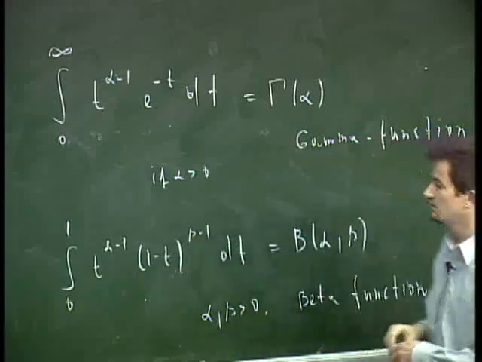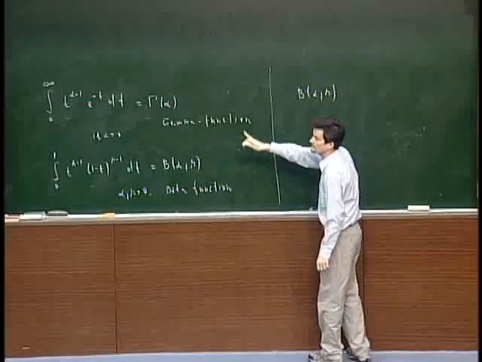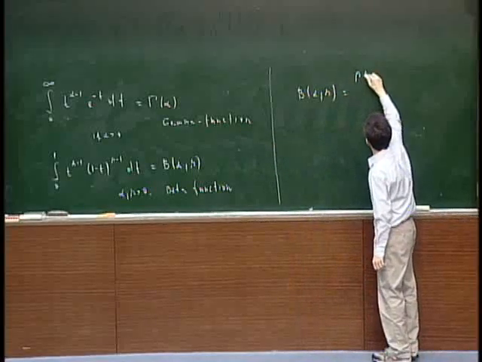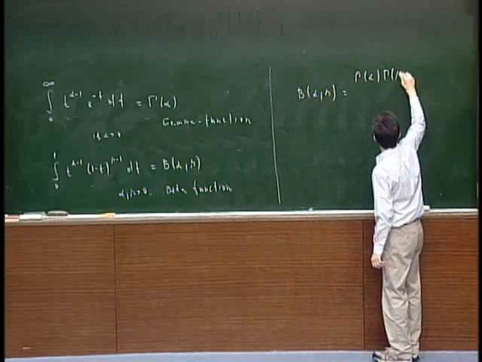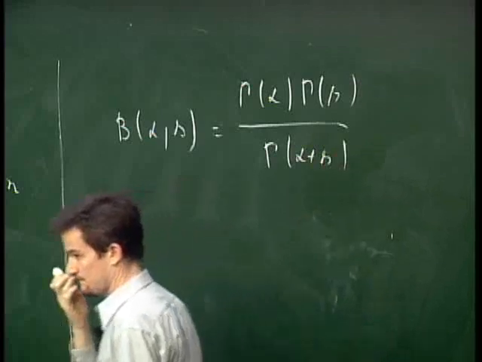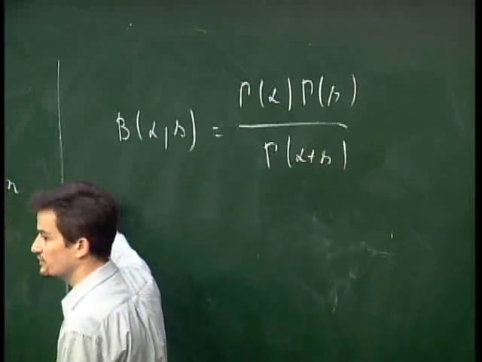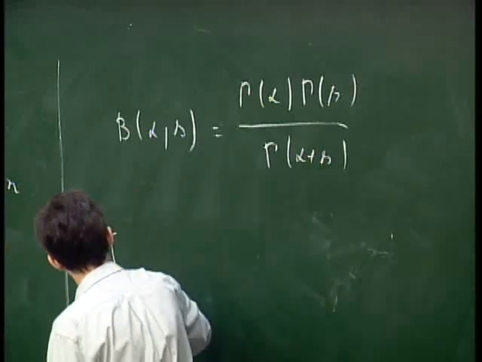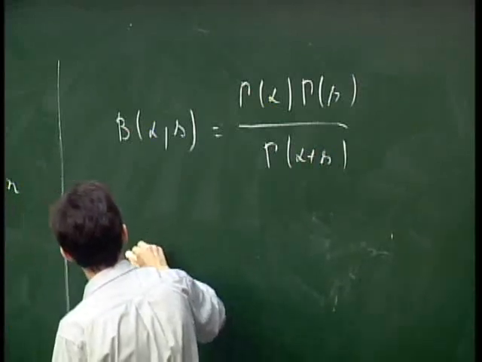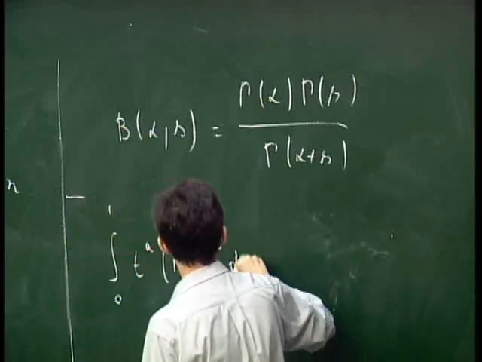Now Euler proved the interesting identity: the beta function and the gamma function are connected. Namely, you have this here. If you know this, then today's in-class homework is trivial, because you have the integral from 0 to 1, t to the a, 1 minus t to the b, dt.